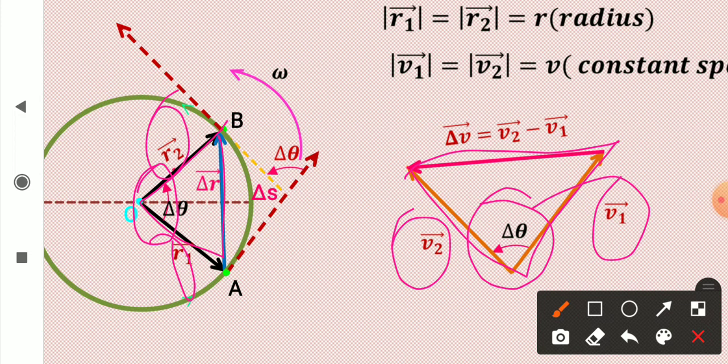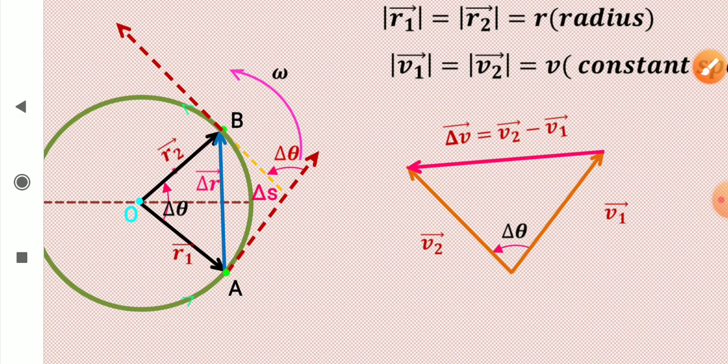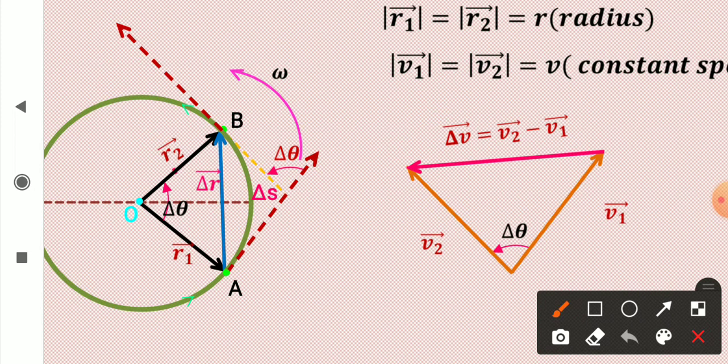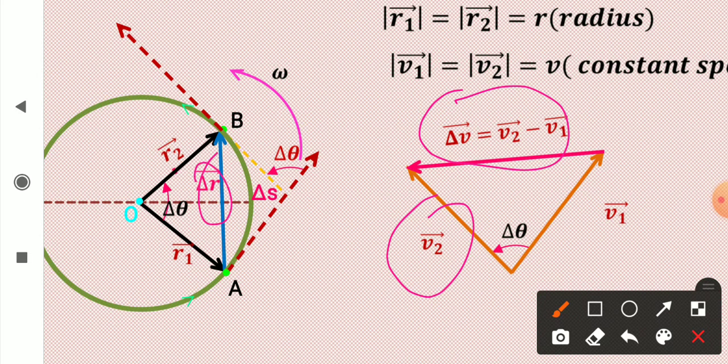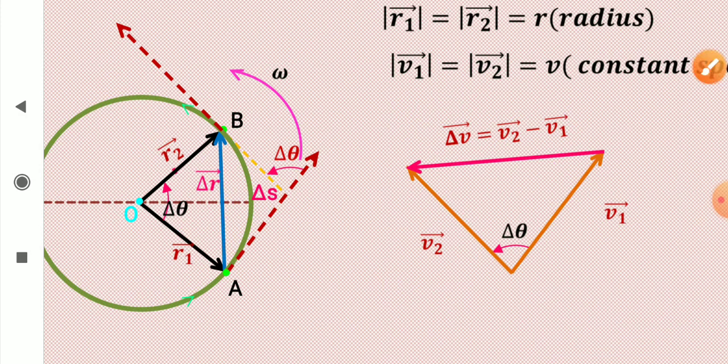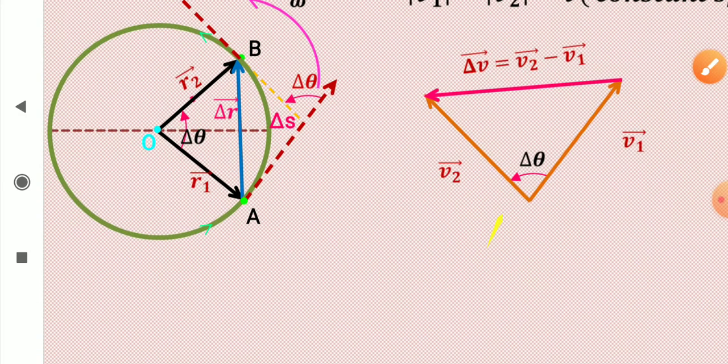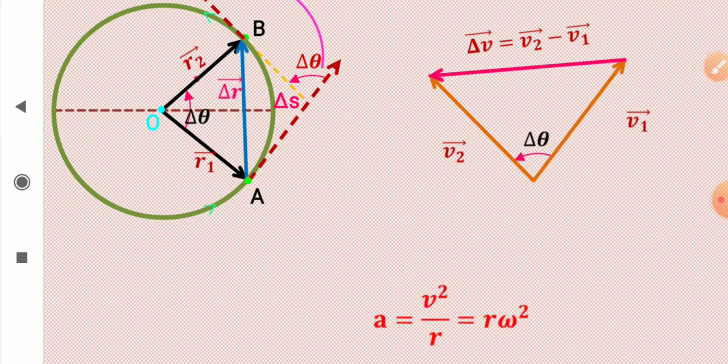That means these triangles are similar triangles, and since they are similar, the ratio of corresponding arms will also be the same. So this upon this will be equal to this side upon this side. So that is what we are going to do. Ultimately I have to find out delta v, change in velocity.